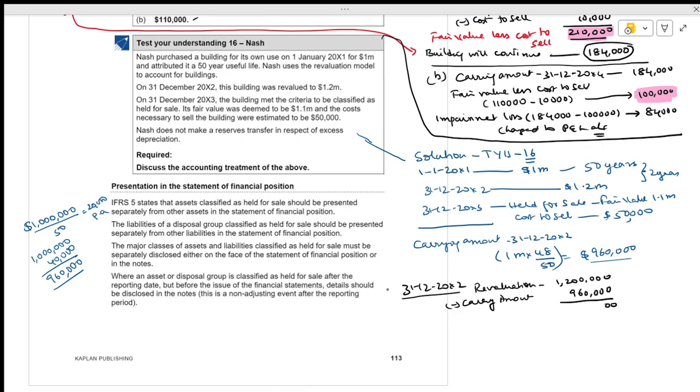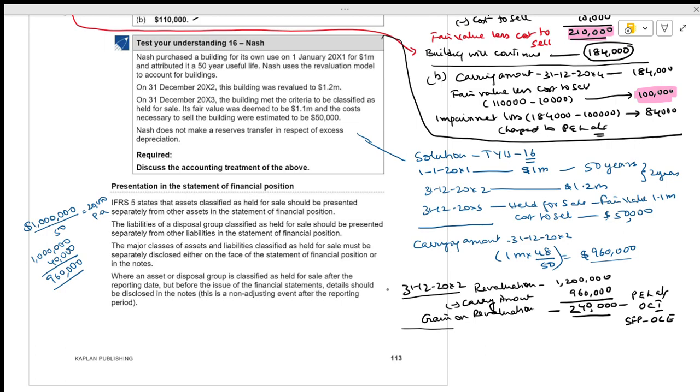What is the difference? 1,200 minus 960, which is a gain on revaluation. This has to be shown in other comprehensive income in the profit and loss account, and in the statement of financial position under other components of equity. Fine, this step is over.